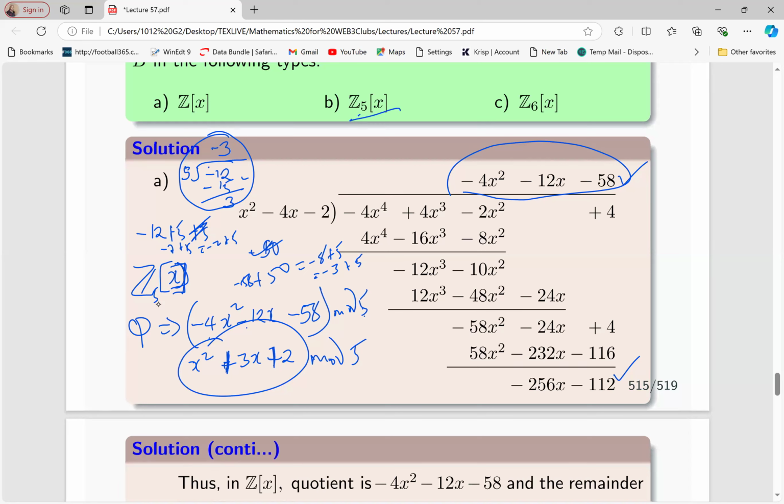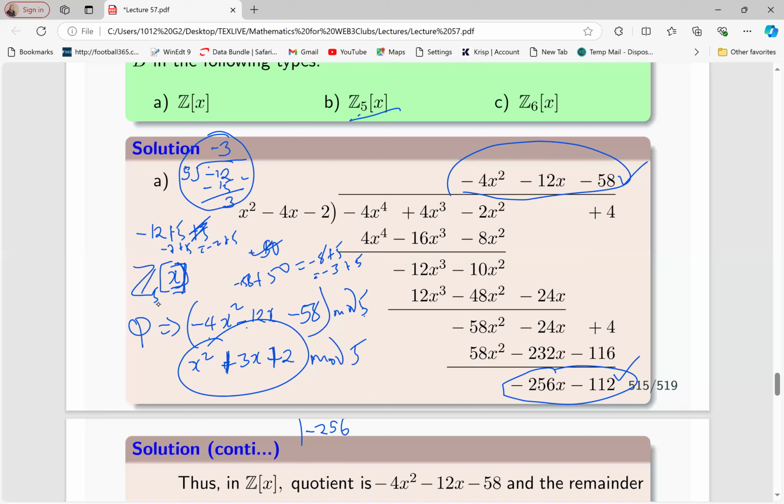When you take this remainder and divide by 5, it becomes easier to divide than to add. Now, how do we normally do this? We have negative 256 and divide it by 5. 5 goes there negative 52 times.